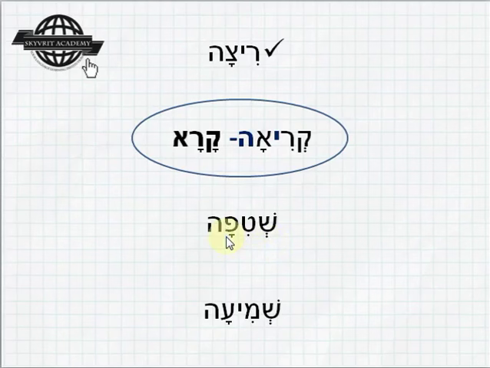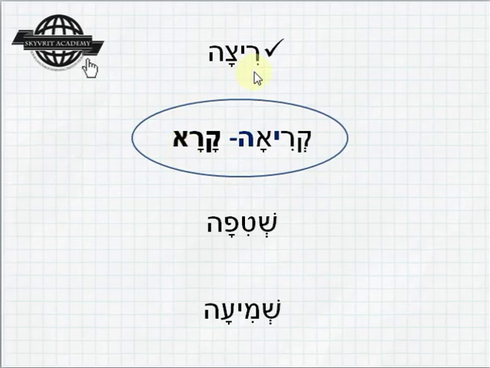Okay, now what happened here? You can see that in this example, kara, there is a strong a at the end. Kara. And the reason is because of this aleph.